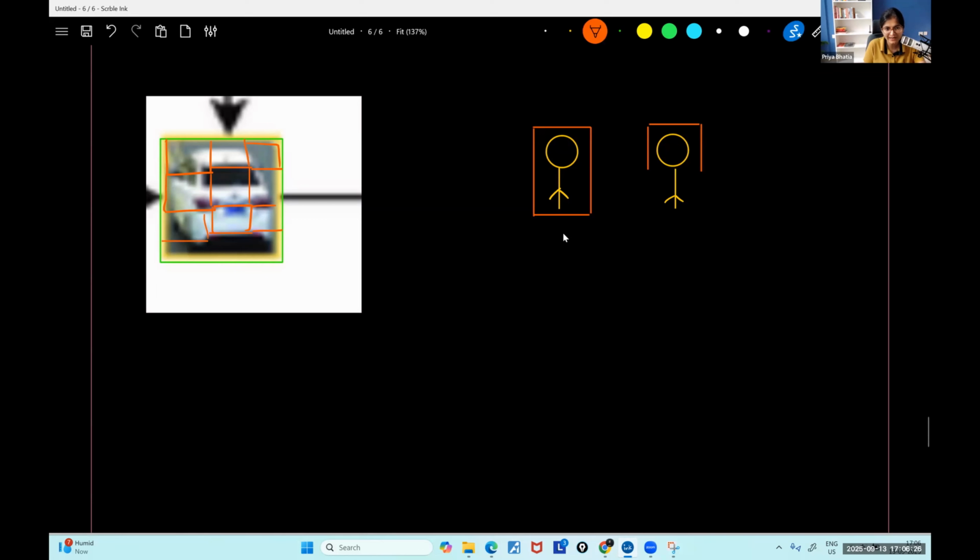It should not be something like this, taking extra space of black. This is wrong. This should not be halfway either. What we are looking for is that it takes the complete object and the box is as close as the image. So we will have these target dimensions available with us when we are training our model.